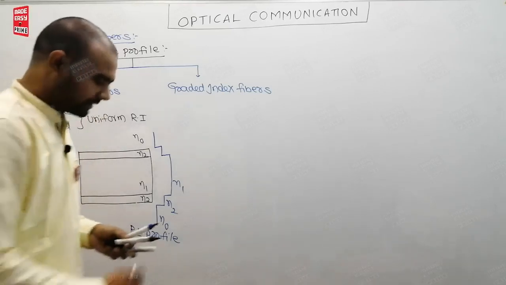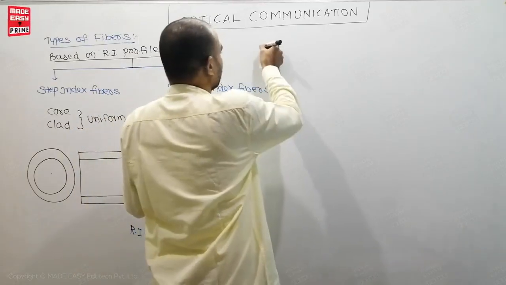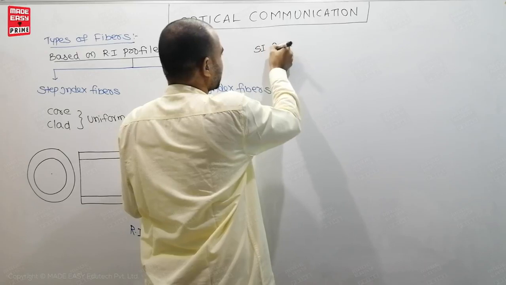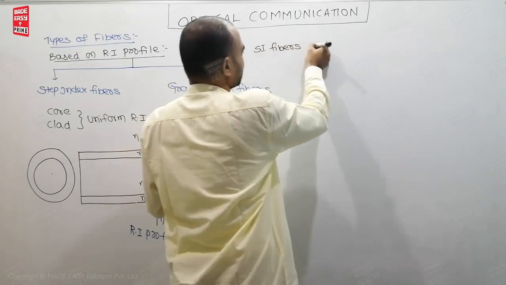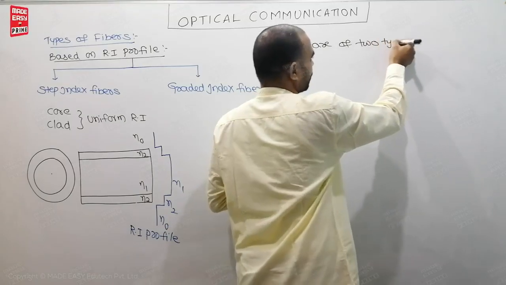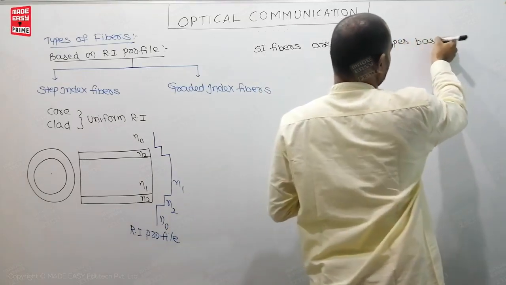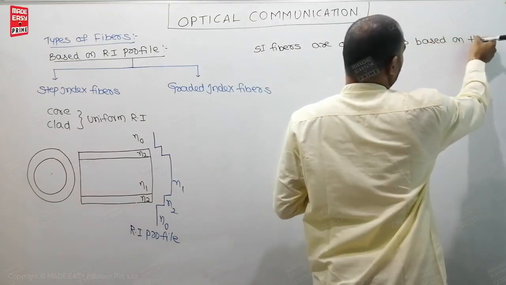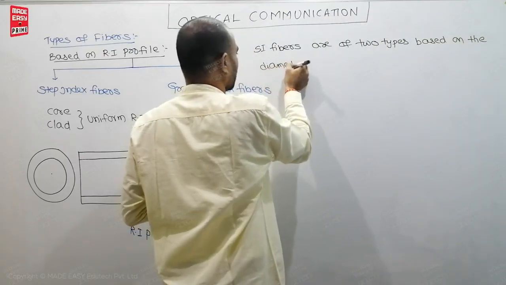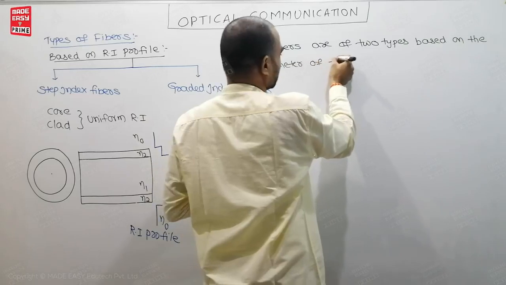Step index fibers are of two types based on the diameter of the fiber.